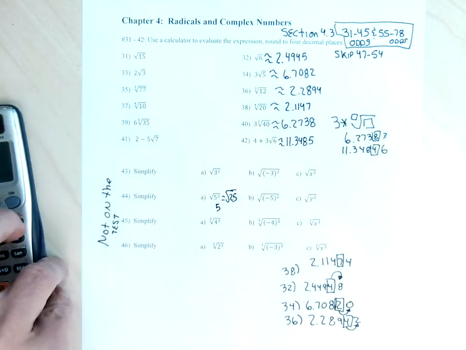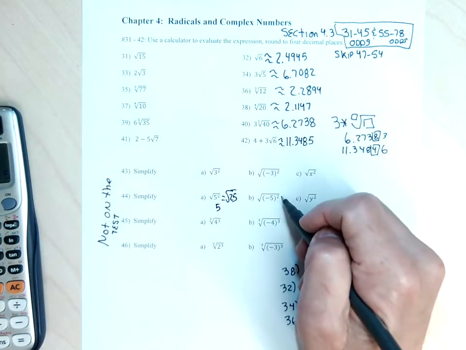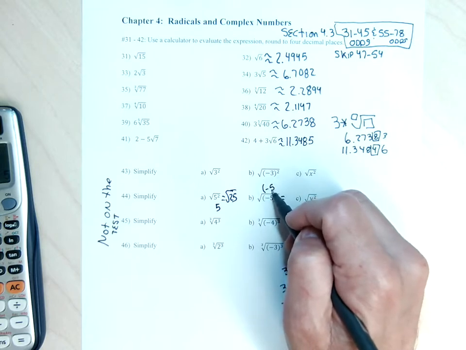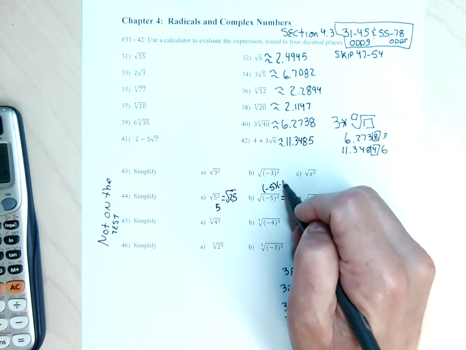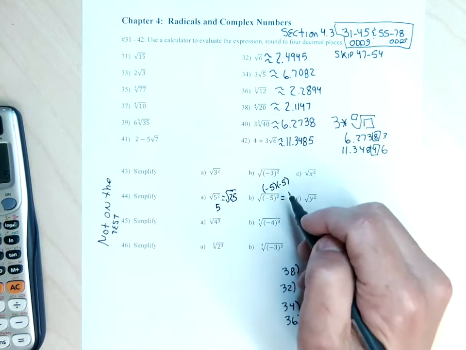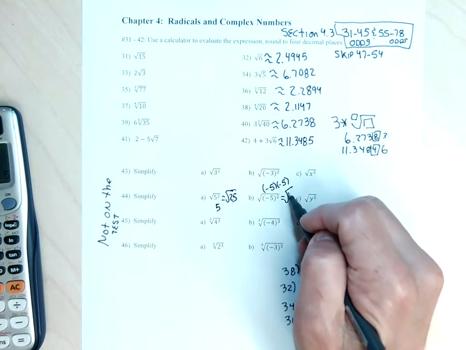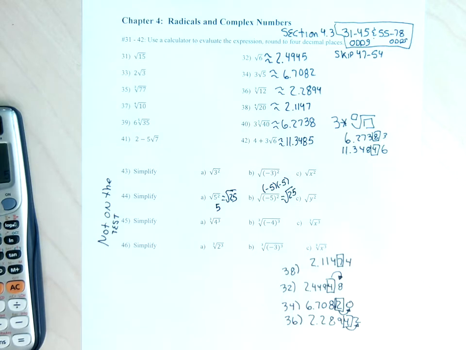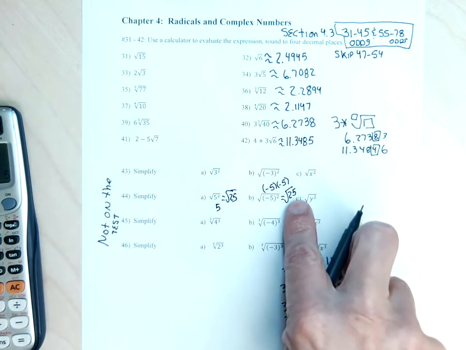For the next problem, negative 5 squared under the radical, to do the square root of negative 5 squared, I can do that multiplication. Negative 5 squared means negative 5 times negative 5, which is positive 25. And the square root of any number asks what positive number squared equals the radicand.